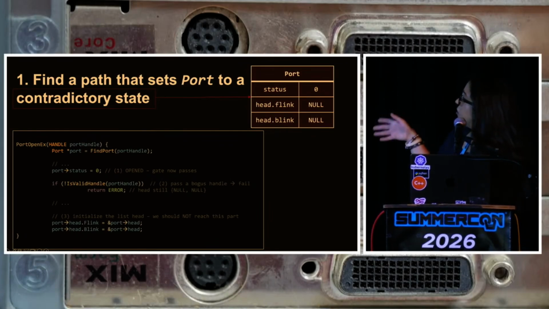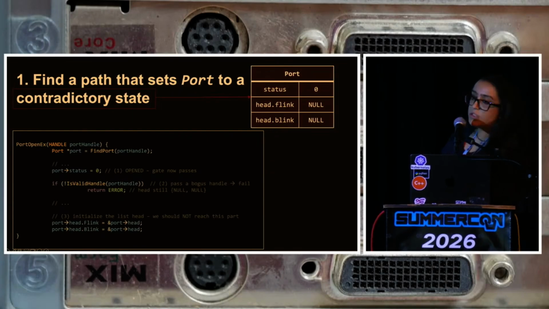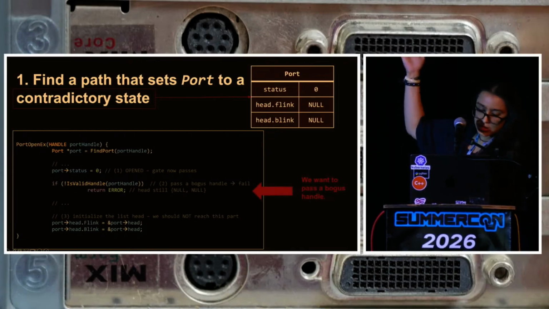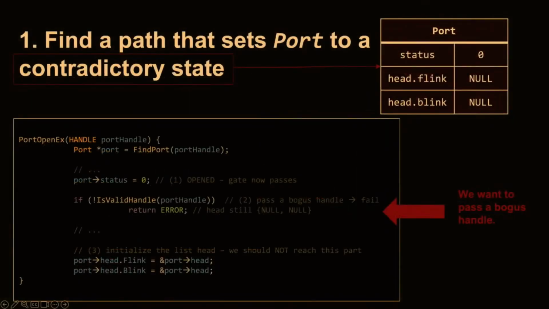Looking through all the functions, there was this one function called portOpenX that handled this port struct before it passed it down to getUserData. And there's a bug in here, because at the very top of the function, it sets the status value to 0, and then it does a bunch of logic in between.